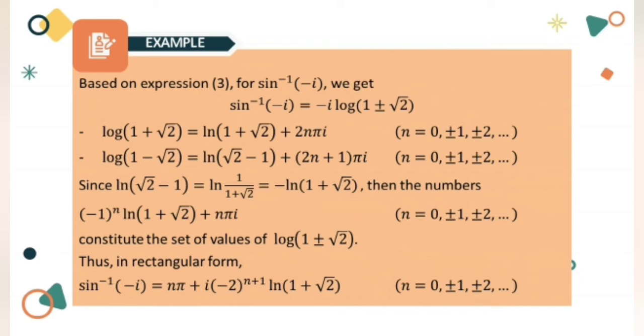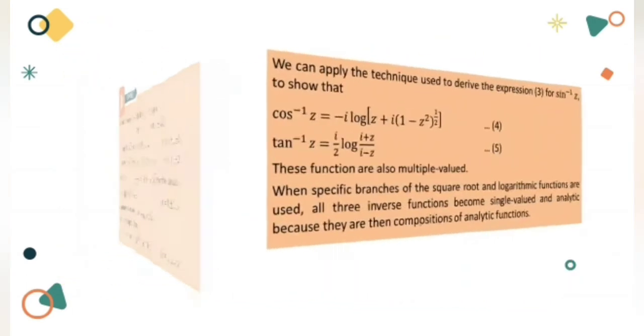Thus, in rectangular form, inverse sine of negative i equals n pi plus i times negative 1 to the power n plus 1 times ln of 1 plus square root 2, where n equals 0, plus minus 1, plus minus 2, and so on.